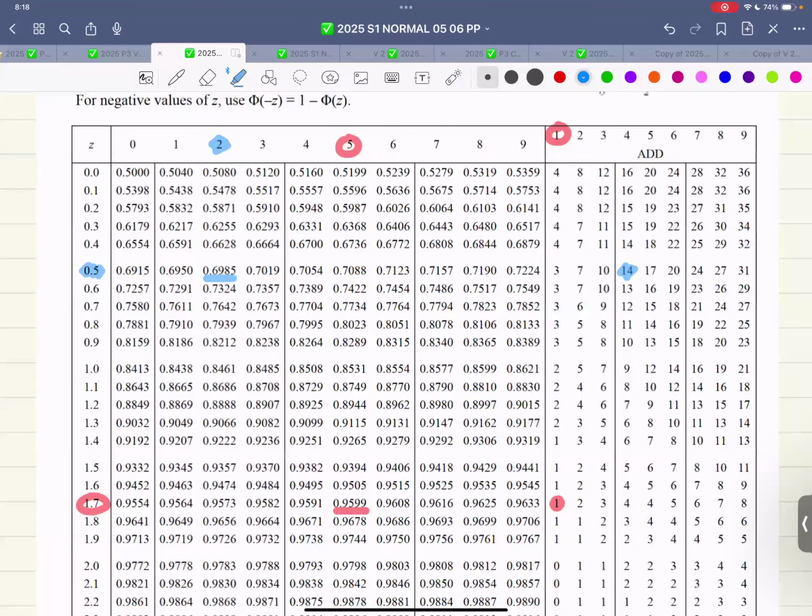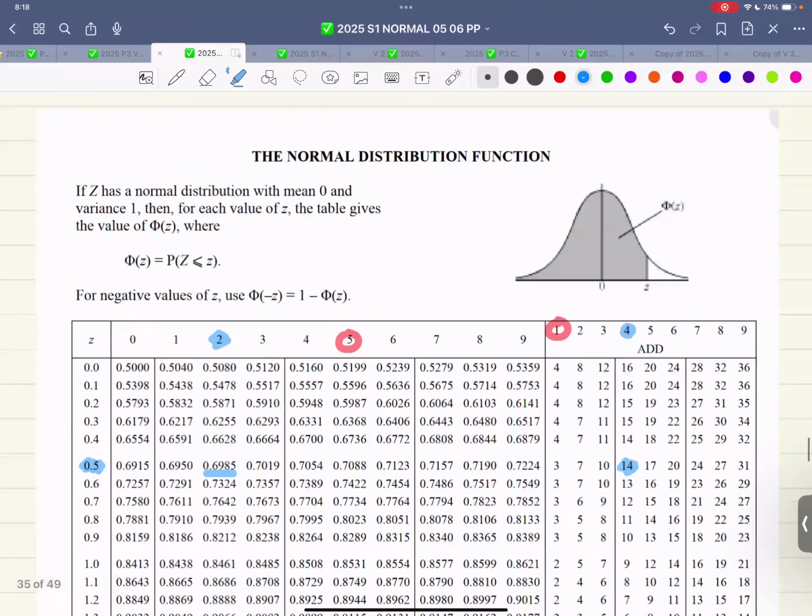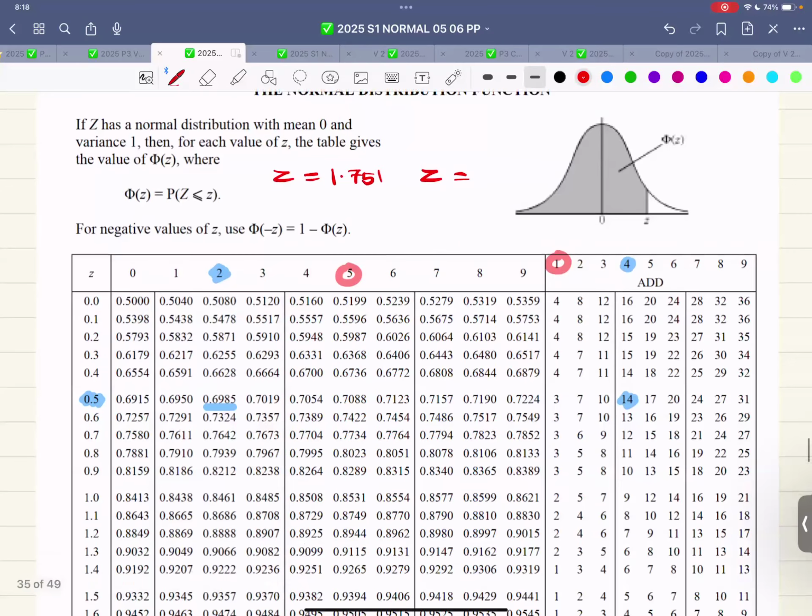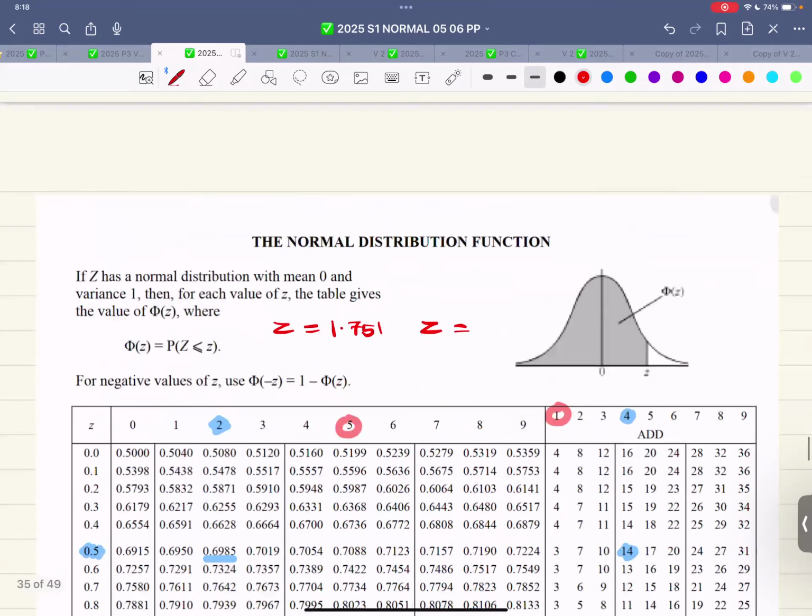So I think 14 is good enough. So let's use this. So 1.751, let me first write it. This is the red one, 1.751. And then the blue one, that is 0.524.